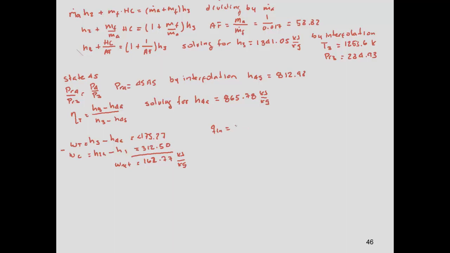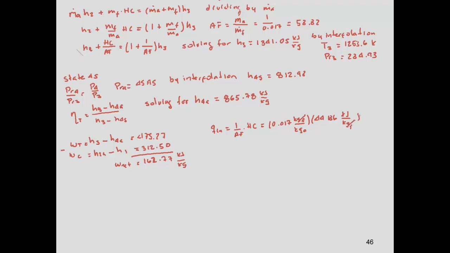Now Q in will be 1 over the airflow ratio times HC, which is 0.017 kilograms of fuel per kilogram of air, times the heating value 44.186 kilojoules per kilogram of fuel.